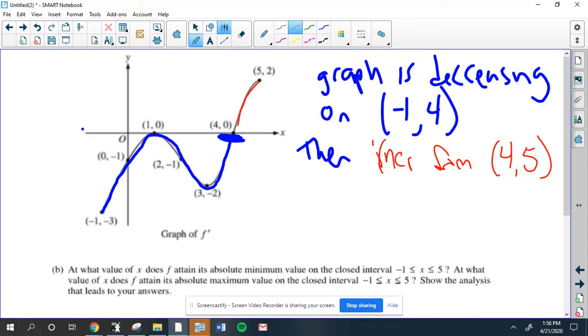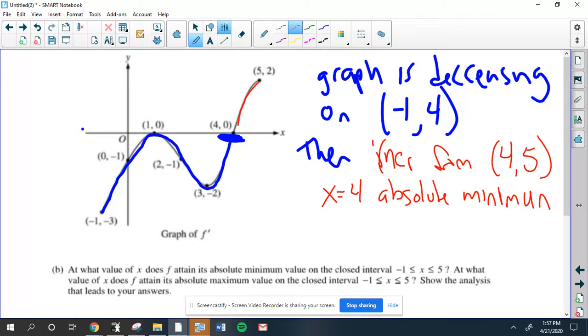So now if you look at it, that definitely means x equals 4 must be an absolute minimum because it was decreasing the whole way until it got to that, and then it went to increasing. Now that leaves -1 or 5 to be the absolute maximum.